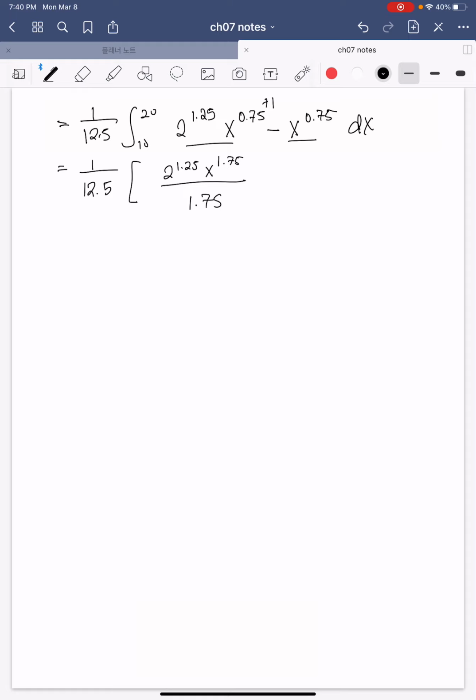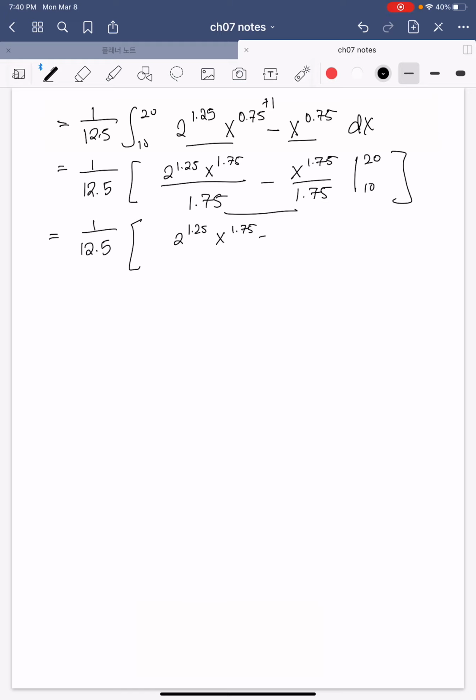So 1.75, minus x raised to 1.75 over 1.75, from 10 to 20.